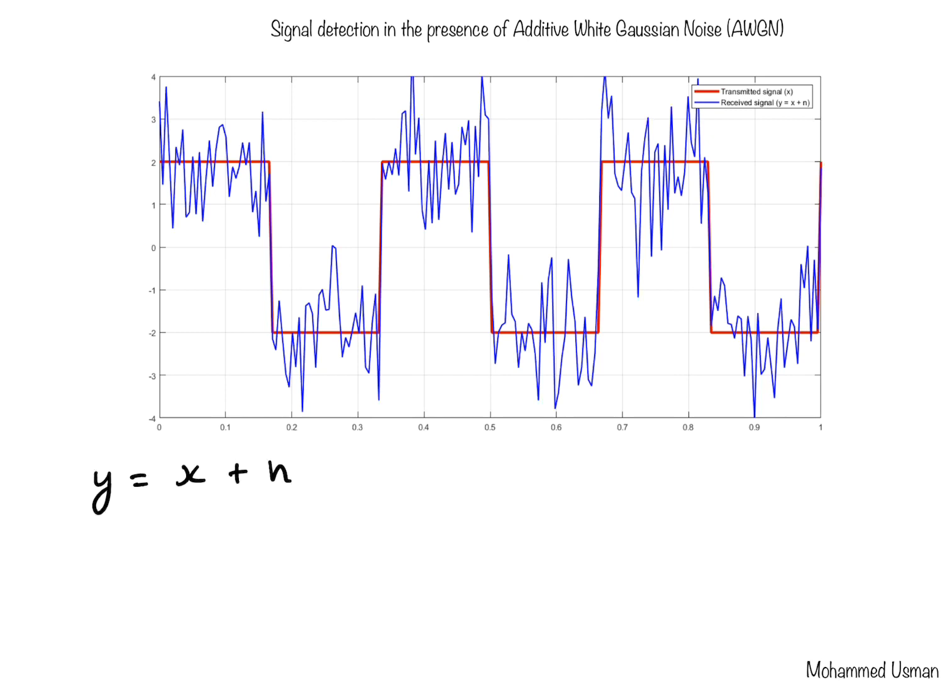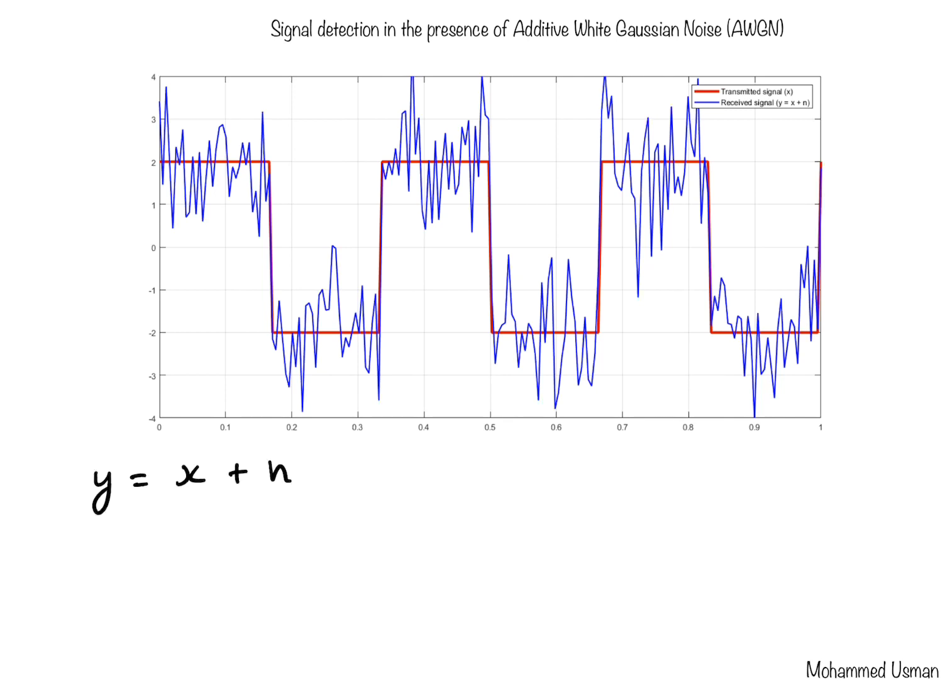And as we have discussed in the previous lecture as well, the noise that we are dealing with here is Gaussian noise. It is random with the Gaussian distribution, and we also described what we mean by white noise. White means it has frequency components covering the entire frequency spectrum, and at each frequency value the magnitude or the power of the noise is the same.